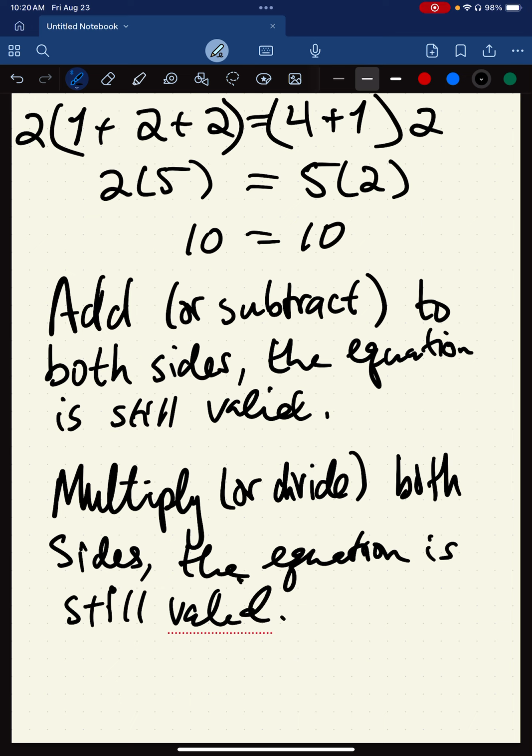So we can add to both sides like we did here with the 1, and it's still the same. We can multiply the entire side by some value or divide, and it's still going to be valid. So keeping that in mind, we're going to use that particular piece of information to solve the equations.